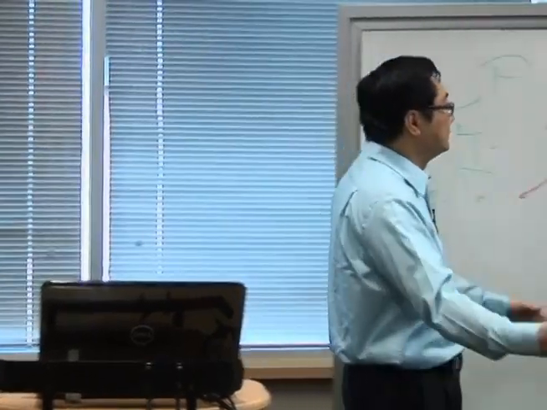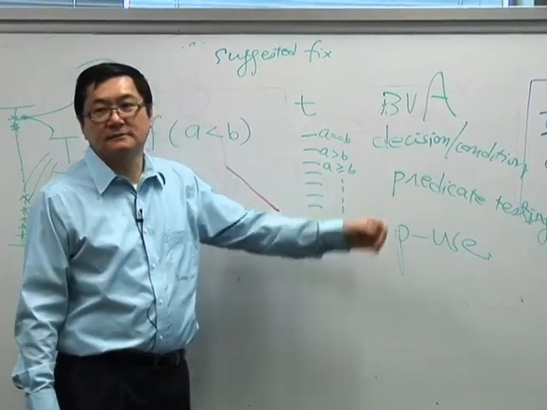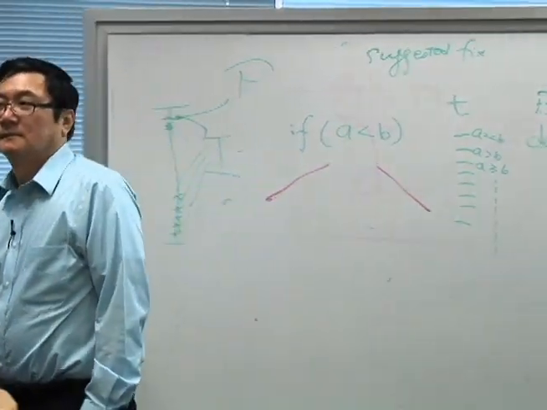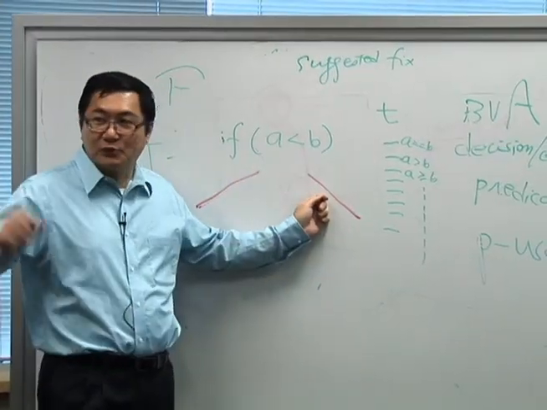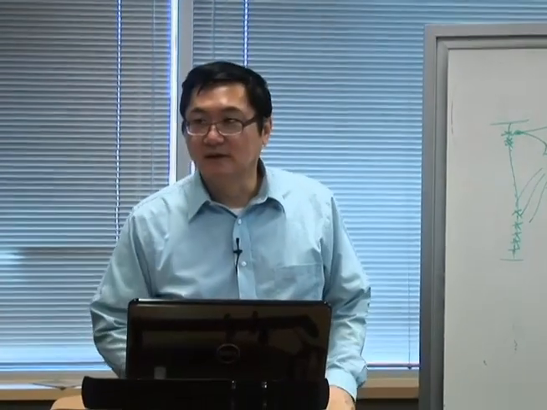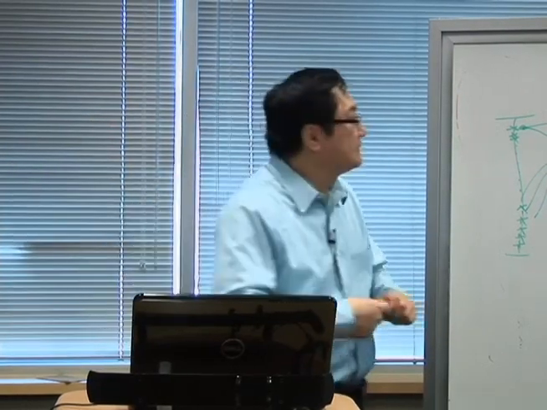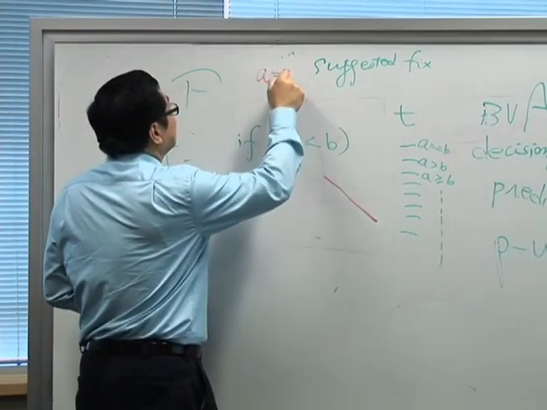So what is the major difference between P-uses and decision? What is decision? True, false. Agreed? What is P-use? On top of that, you have to tell me where the definition comes from. Agreed? You have to tell me where the definition comes from. So you say A equals 3x.